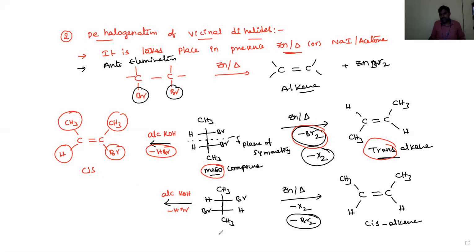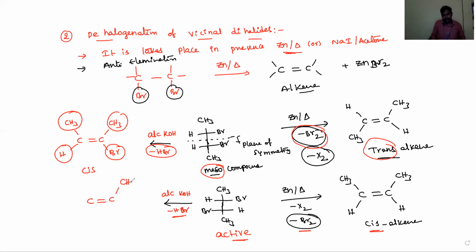And the active compound: active means the compound rotates plane polarized light either towards dextro or levo. That's why it is called an active compound. The active compound on dehalogenation produces cis, whereas dehydrohalogenation forms trans.